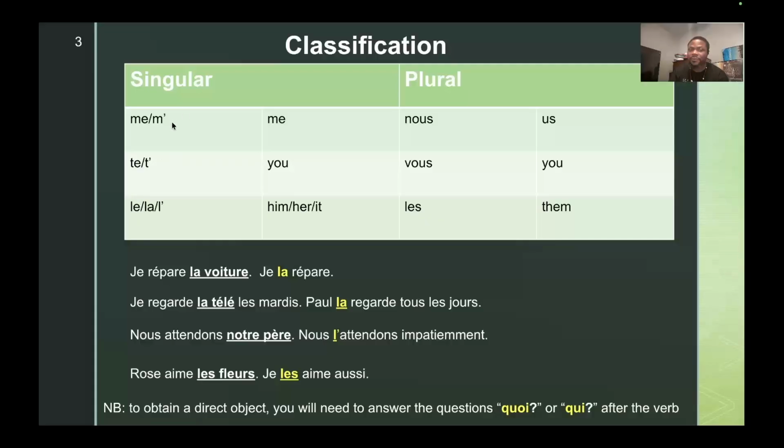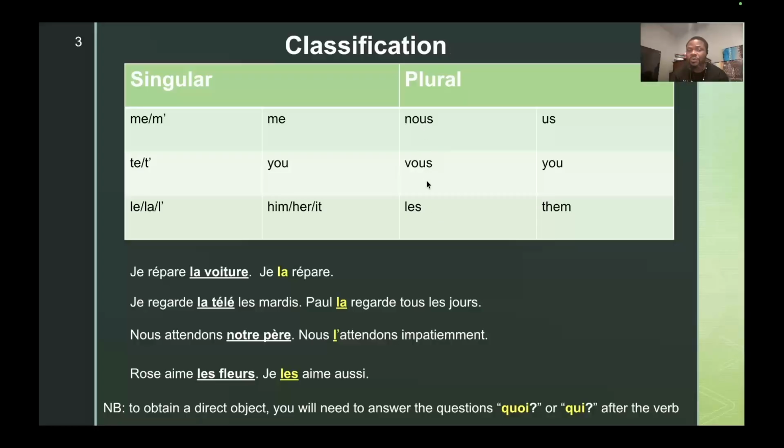If the verb that is coming after any of these begins with a vowel or a silent H, then me becomes m', te becomes t', et puis le et la deviennent l'. D'accord? Now, in plural, we have nous, vous, les.